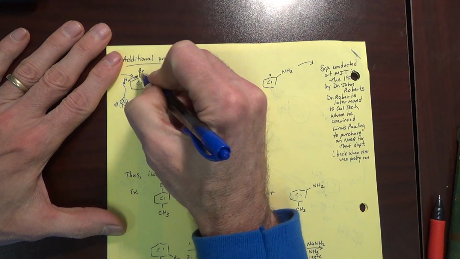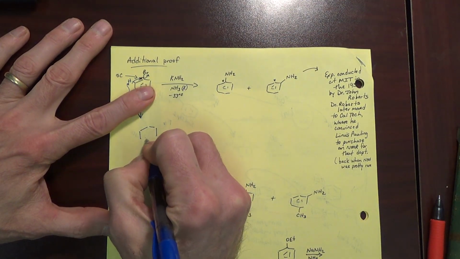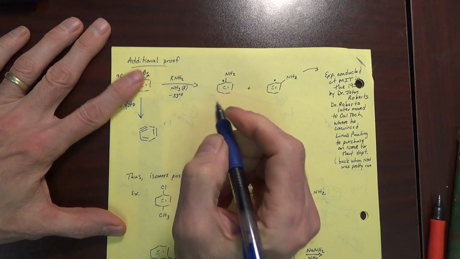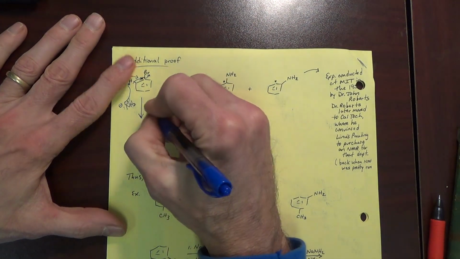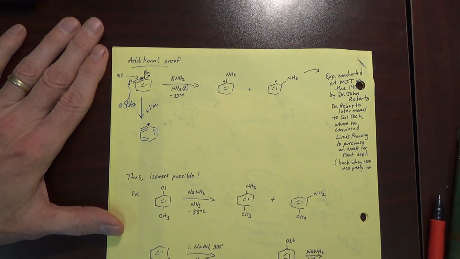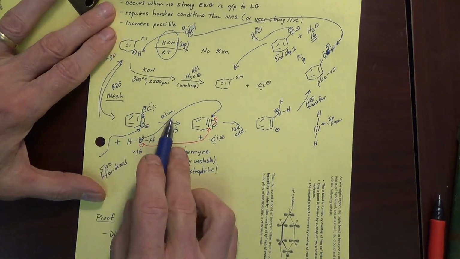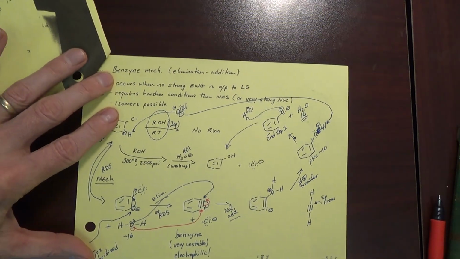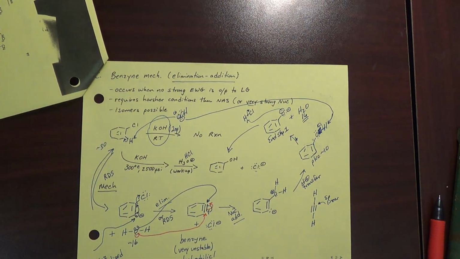These electrons move in here and kick off the bromine all in one step. That looks like an E2. And we'll have a triple bond. And that carbon will be labeled. And that was an elimination. By the way, we didn't mention over here, we did an elimination followed by an addition. And that's why the benzyne mechanism is sometimes considered an elimination-addition mechanism.